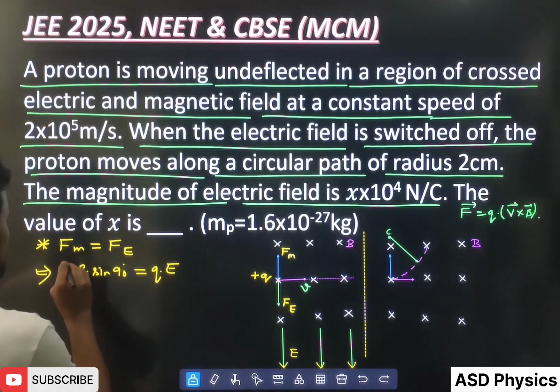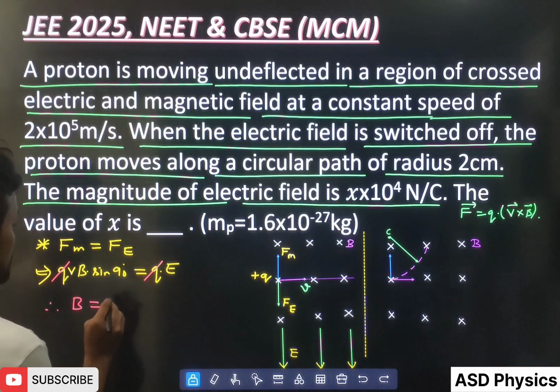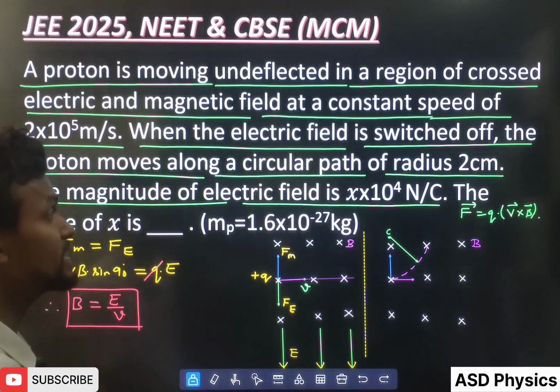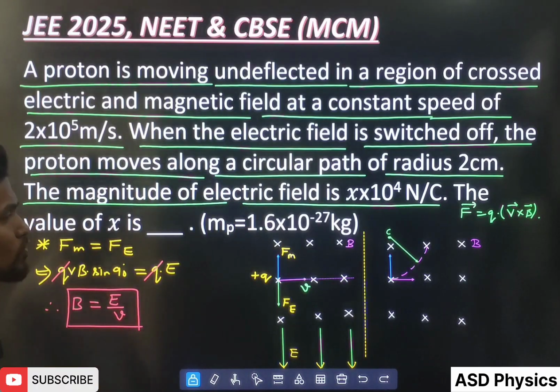And here you can see very well, I am teaching with the very basics, Q, Q cancel. So from here I can write the value of magnetic field B as E by V. Why am I writing this? Because later we have to eliminate this magnetic field and tell the electric field. Okay, so I am writing B equal to E by V.